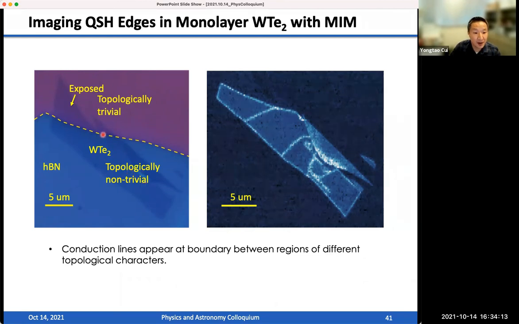So at the boundary of this trivial and non-trivial region, that's basically the edge of this boron nitride, that's where we see these conduction states appear, right? So that's exactly what we expected. They appear at the boundary of topologically non-trivial and topologically trivial regions. Okay, so that's the example in terms of tungsten telluride.